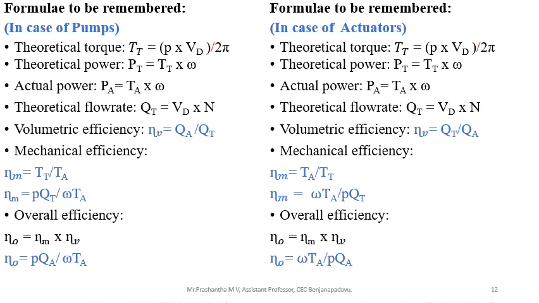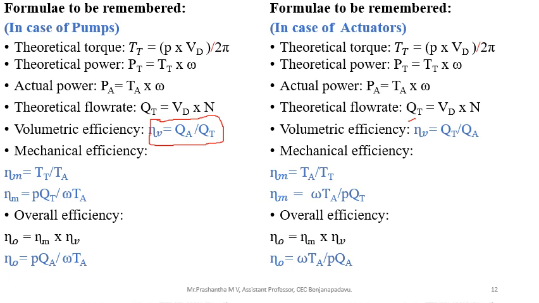Okay. When we go for a volumetric efficiency, in case of pumps, volumetric efficiency equal to actual flow rate divided by theoretical flow rate. Now come to the actuator case. See, volumetric efficiency is reciprocal of volumetric efficiency of the pump.